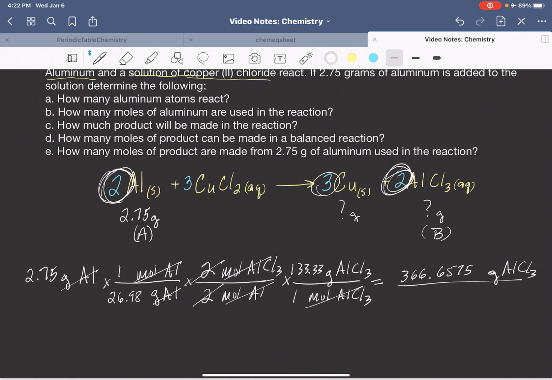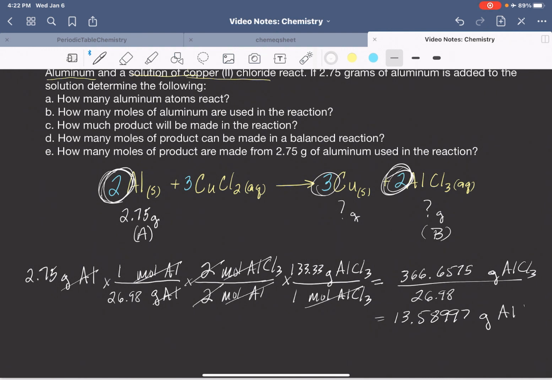On the bottom, it's just the 26.98. Everything else, all the units are gone. No more numbers, units, nothing. So 366.6575 divided by 26.98, we get 13.58997 and a few other numbers that we don't need.